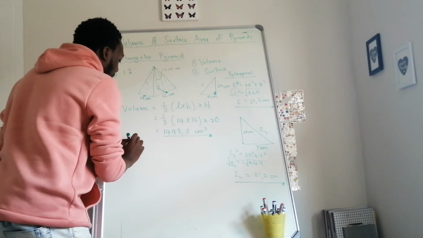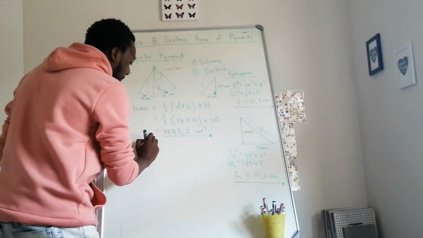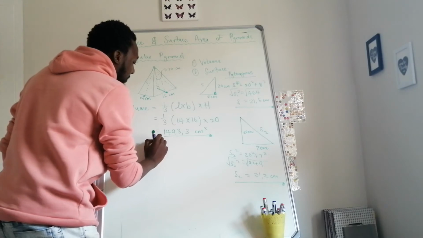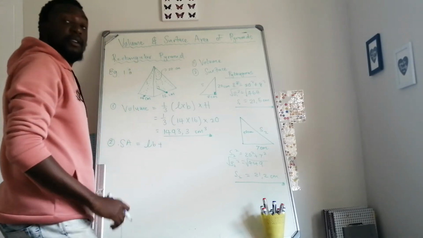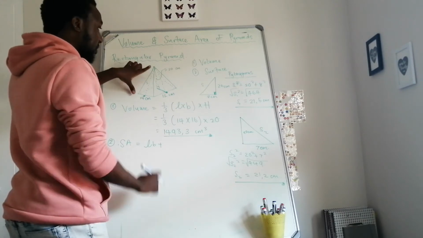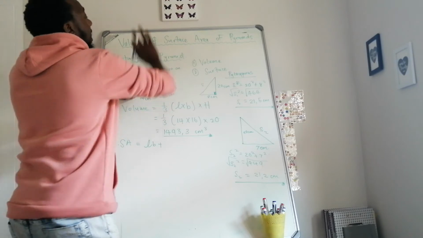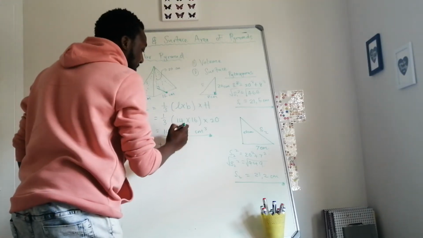My surface area equals the area of the rectangle there, which is length multiplied by breadth, right? Area of this triangle here, if I'm standing here, the triangle there, and the other one right opposite it is the same.